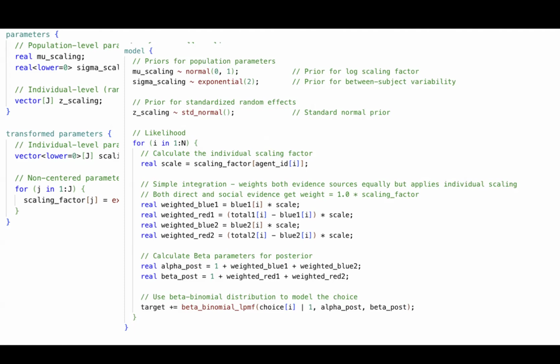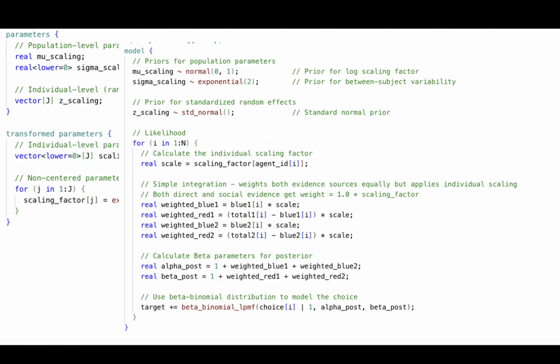The sigma scaling, again, I made it very broad, an exponential with a rate of 2. We could plot it, but time is running. Then we put a prior for the standardized random effects. As we've said, their prior is a normal distribution centered at 0 with a standard deviation of 1, which in Stan jargon is called a standard normal distribution.